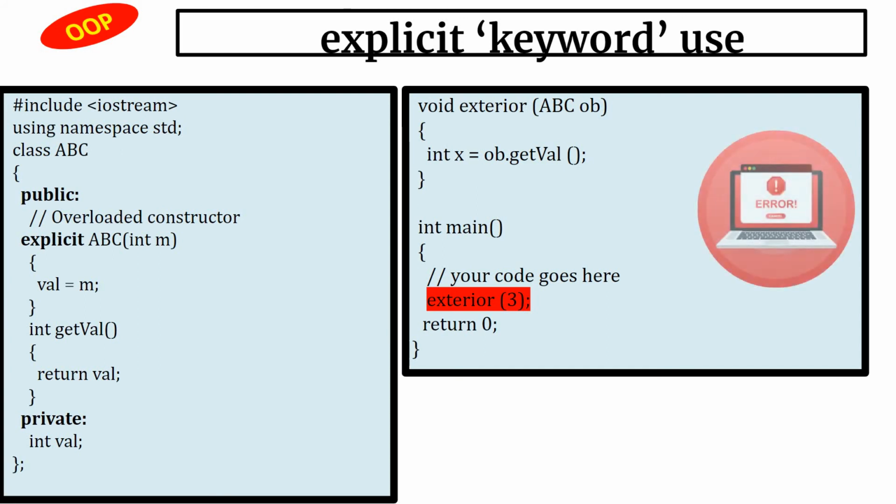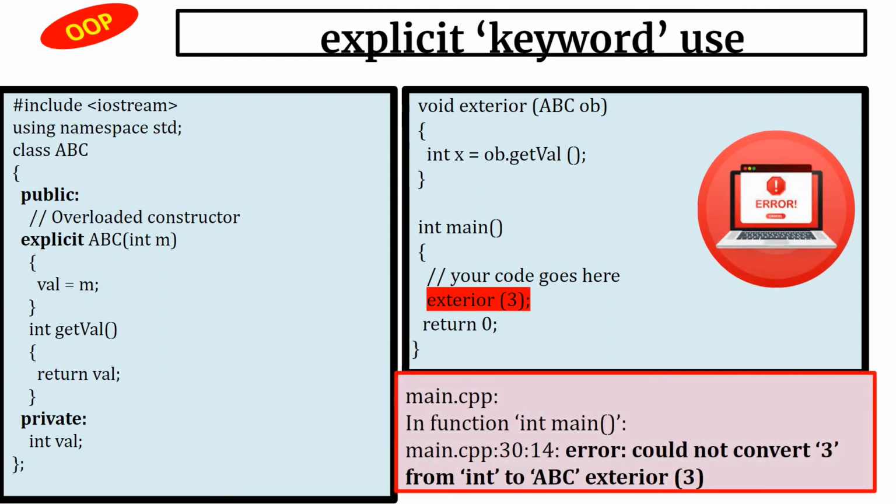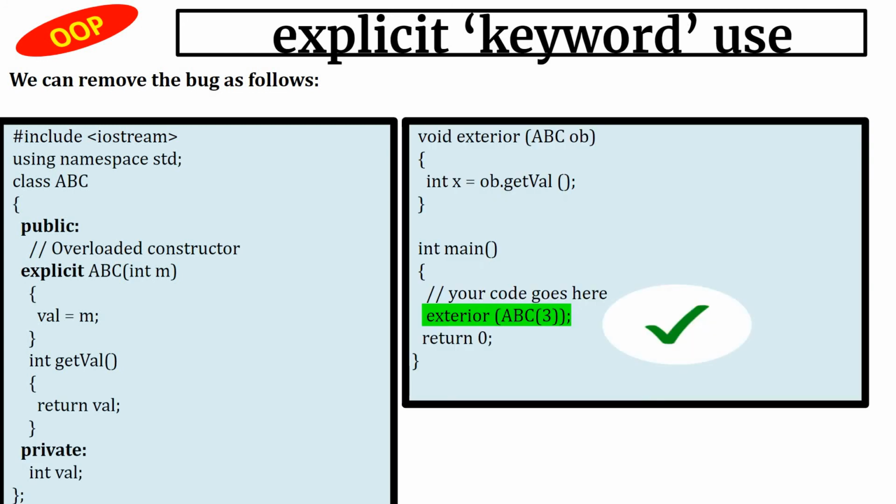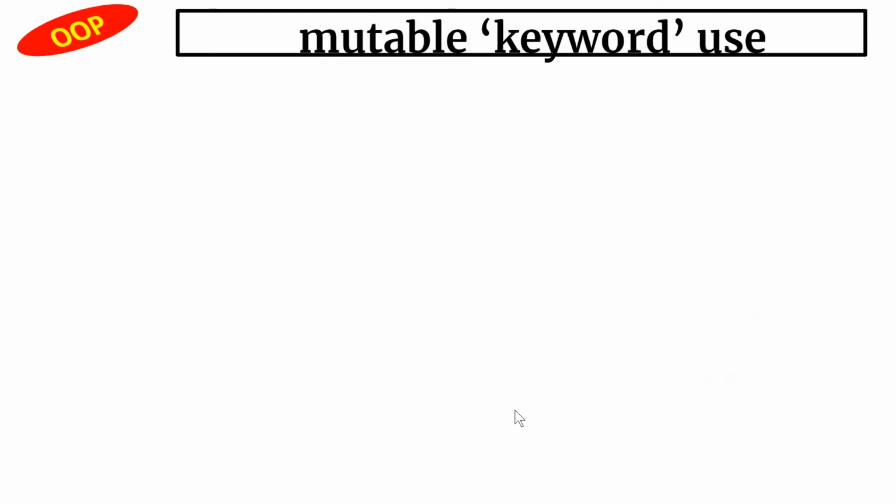Now it will not generate any error, because exterior ABC, because you have converted exterior ABC 3. Okay, means 3 will get converted into ABC, and then you will call the exterior function which is taking ABC as its parameter, and then show the value of that particular object.